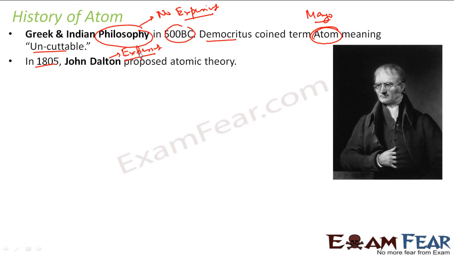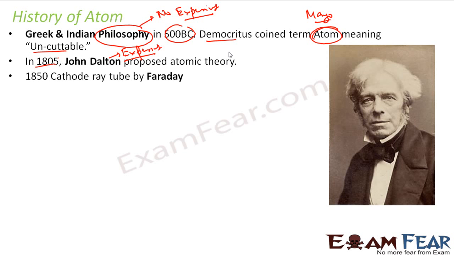So this time it was not philosophy, it was experiments, right? Till 500 BC it was all philosophy, that there is something called atom which is uncuttable. But in 1805, John Dalton proposed an atomic theory. And I'll explain what John Dalton's theory is just after the slide.